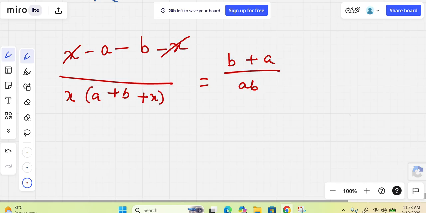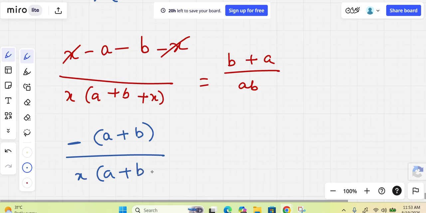We are not opening it as of now. We'll open going forward. Ma'am, can we take minus 1 common in the numerator? Good. Excellent. We'll take minus common. If we take minus common, it looks like this: b plus a by ab.